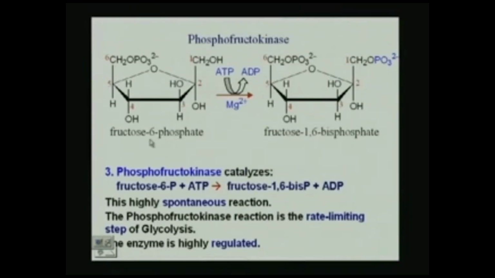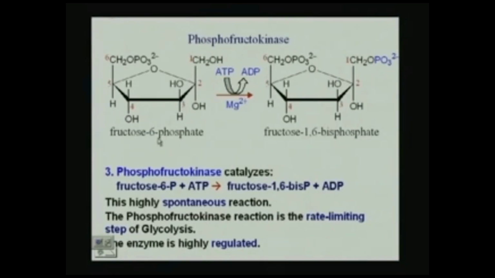You are going now from fructose 6-phosphate to fructose 1,6-bisphosphate, which means you have added another phosphate, which means the breakdown of another ATP, which means that you need a kinase. And what kind of a kinase do you need? A fructokinase. Why a fructokinase? Because you have a fructose and you are adding a phosphate to a fructose.